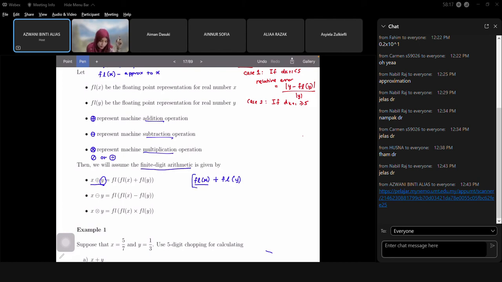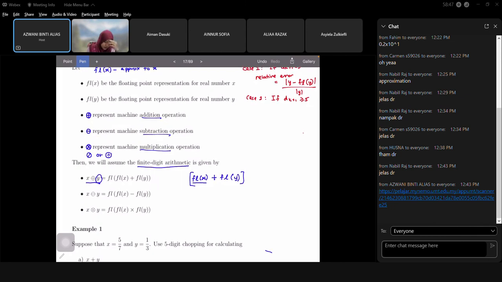Between these two, is there a calculation? Yes, the question asks for addition, so an operation takes place there. Every time an operation takes place, there will be an increase, maybe the digit changes, from 5 to 6 and so on. So the final answer is not the floating number of X multiplied by the floating number of Y. The final answer is, once an operation such as addition or subtraction has taken place, we need to take the floating number again, float once more on the answer.